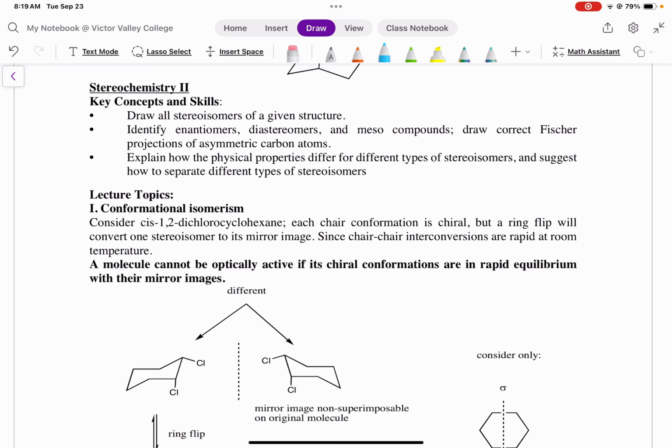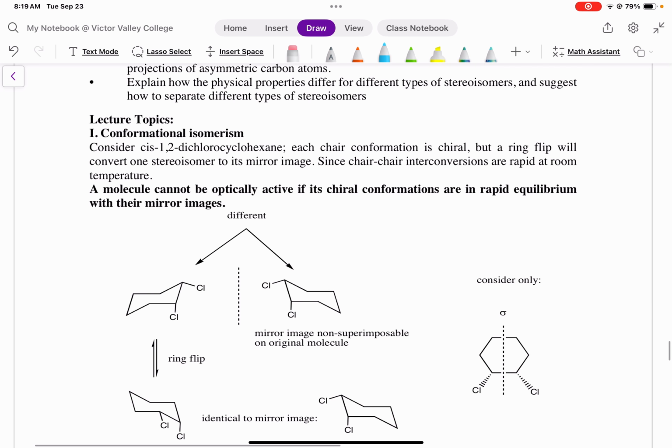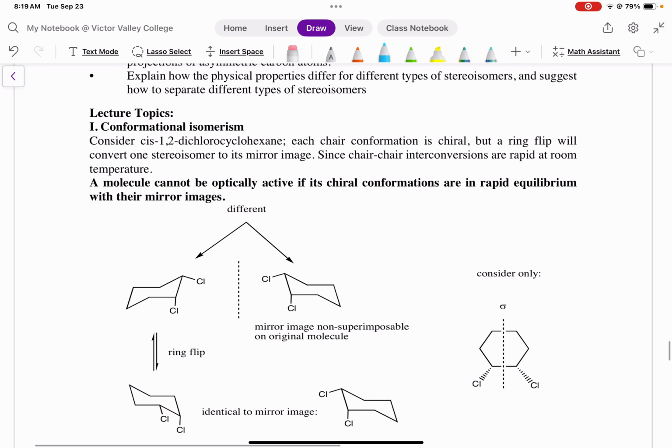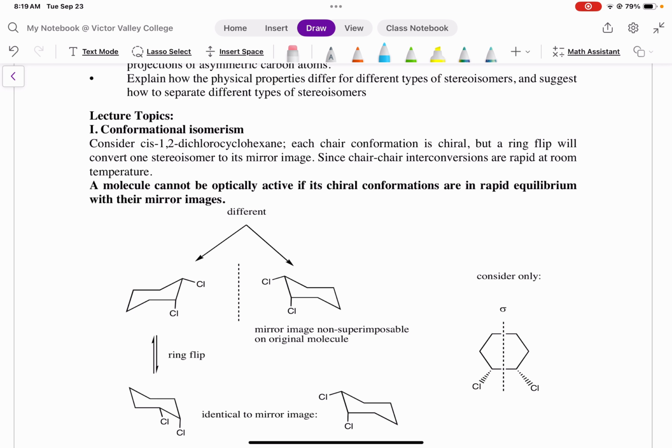Now, if you have a chiral compound, and if you build the molecule that's mirror image to it, like this one, you build a mirror image molecule, and if they're non-stackable on the original one, then they are different, but they're mirror images of each other.